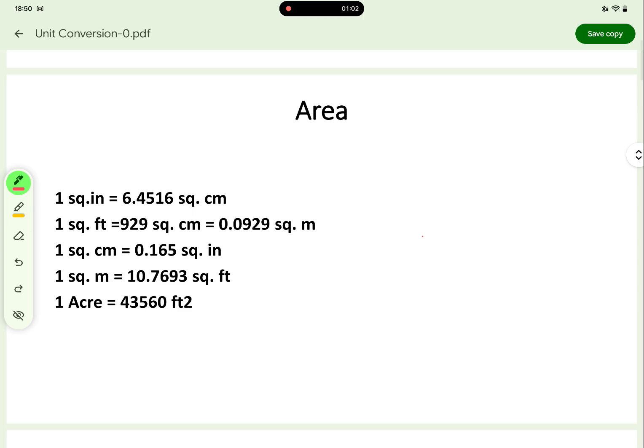So let's suppose 1 inch is equal to 2.54 centimeter. You know this thing. If you square both sides, you will get 1 inch square is equal to 6.4516 centimeter square, right?